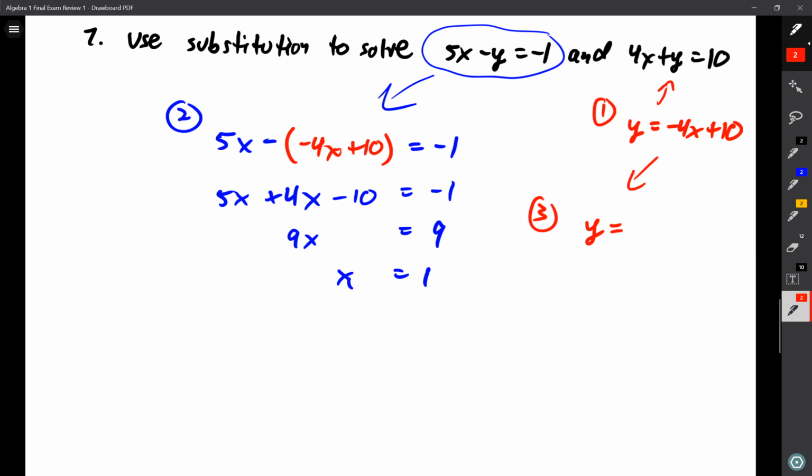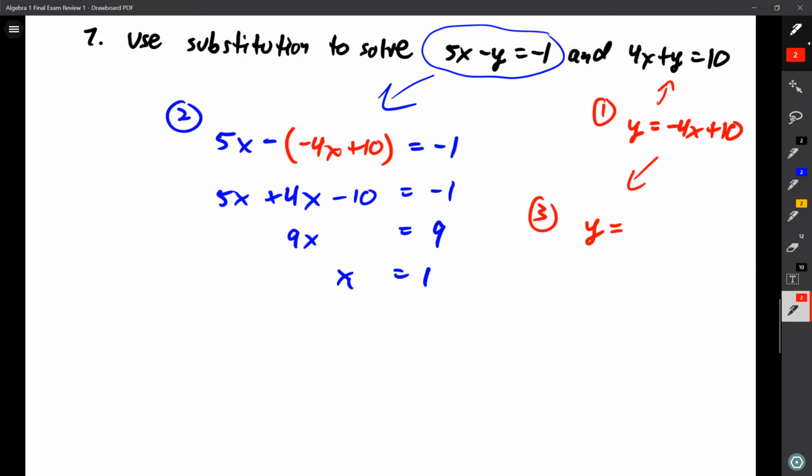So I'm going to say y equals -4 times 1 plus 10. So that gives me y equals -4 plus 10. What is that? That is y equals 6. And then how do I write my answer? I write my answer as a coordinate, as the point 1, comma 6.